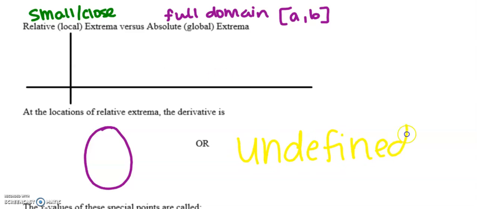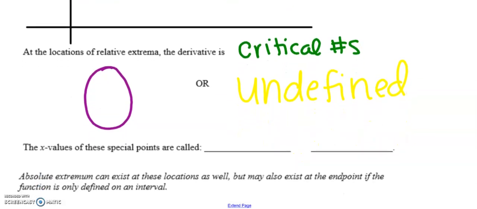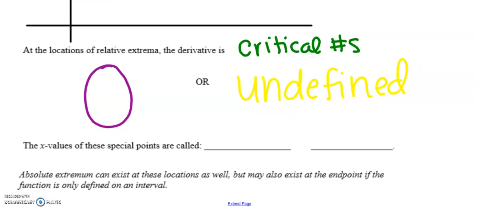Relatives happen at critical numbers, and that's it. They can happen at critical numbers. That's all we have. But absolutes, oh, I didn't realize you had to fill in the blank.